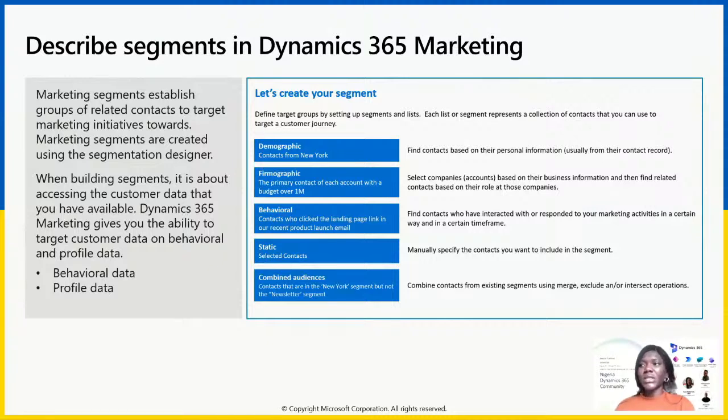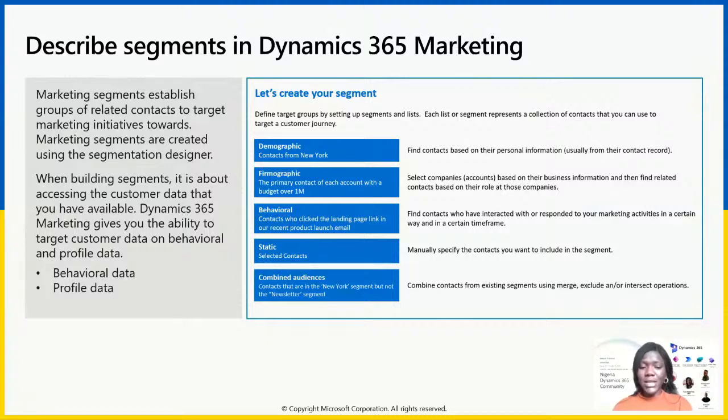So one of the first things is marketing segments. And we have said that marketing segments are a group of related contacts that we can target a particular marketing initiative towards. Right. So that's marketing segments. Then the second thing that we'll look at is marketing lists. Now, marketing list targets your contacts, your leads, or your accounts.